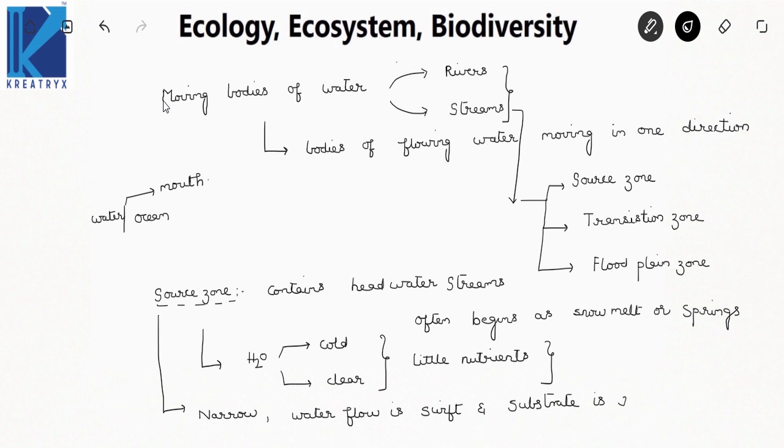Now what can you decide? As there are little nutrients, there will be less biodiversity. The source zone is less diversified. Okay, now these are the points regarding the source zone.